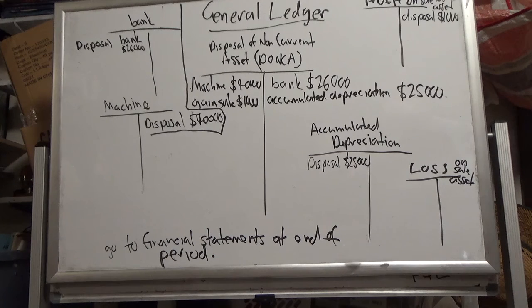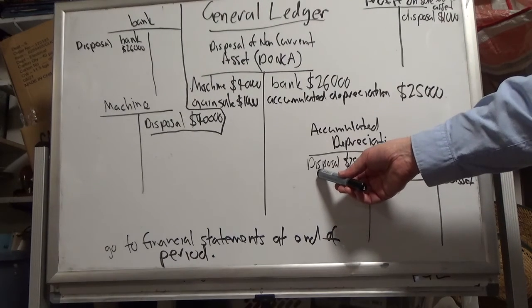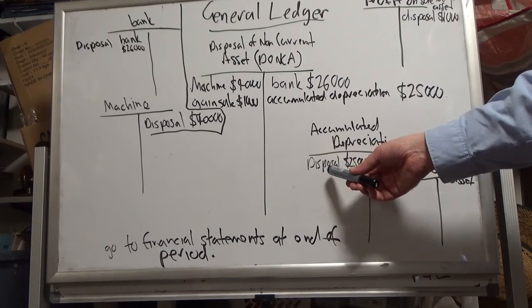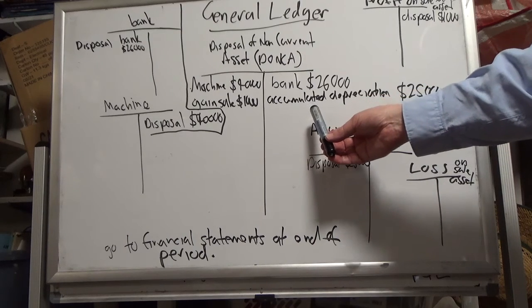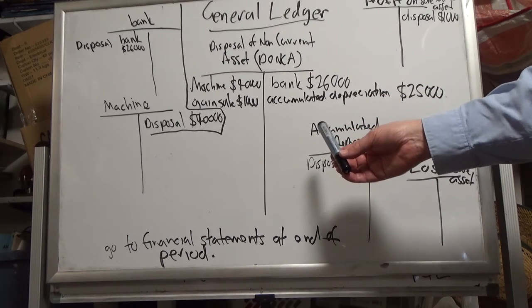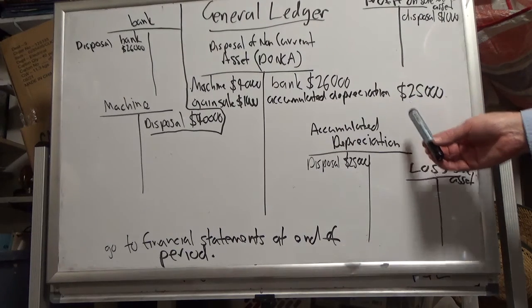Accumulated depreciation, normally a credit item. We've put it in here as disposal, that's correct. And the corresponding on the right hand side of the ledger is accumulated depreciation. That's the same figure.